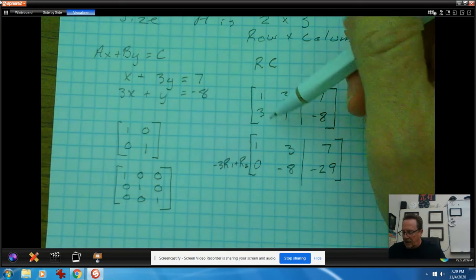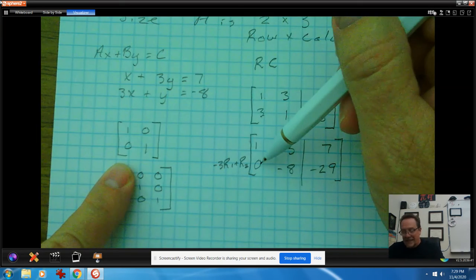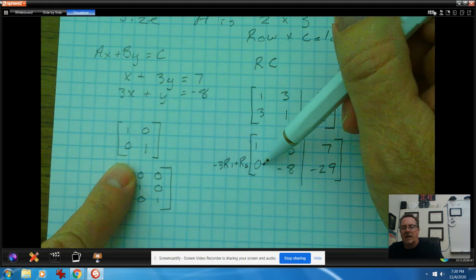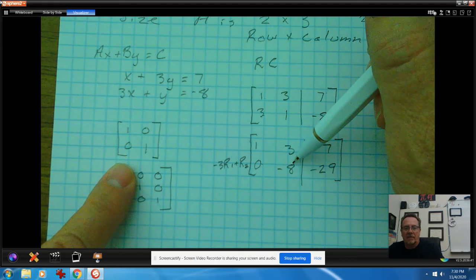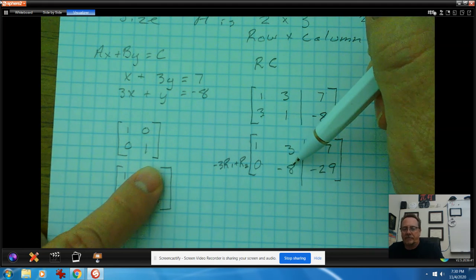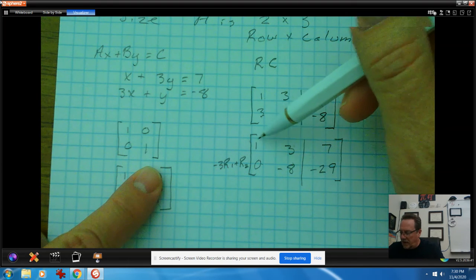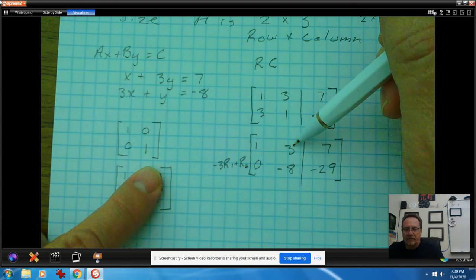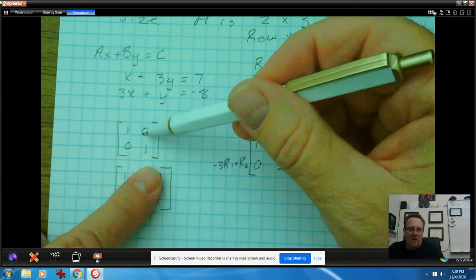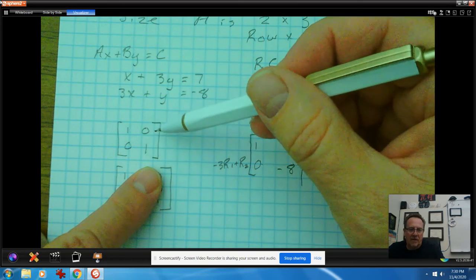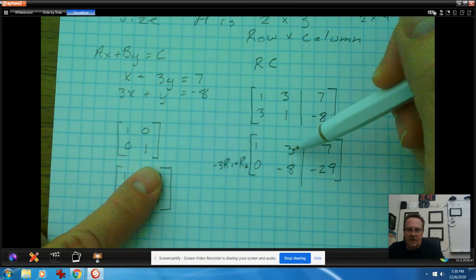But these weren't eliminated, so I needed to get a 0 here, and I did. Now I just have to figure out how to get a 1 here. But before I do that, I'm going to have to get a 0 here, because it's okay to have a 1 there, but I need to get a 0 here. I need a 1 in the first slot. I need a 0 in the second slot. I need a 0 here.